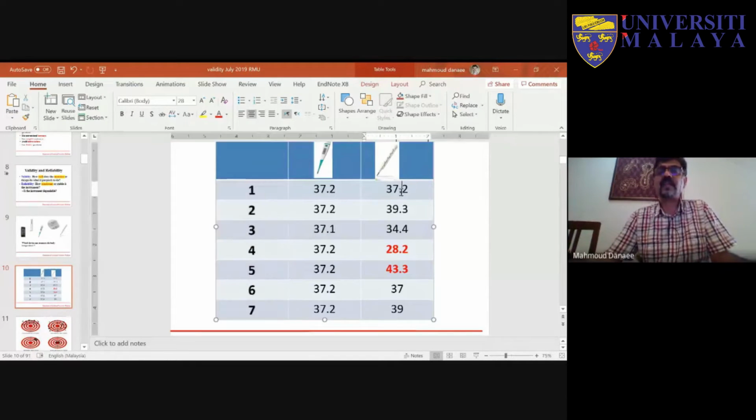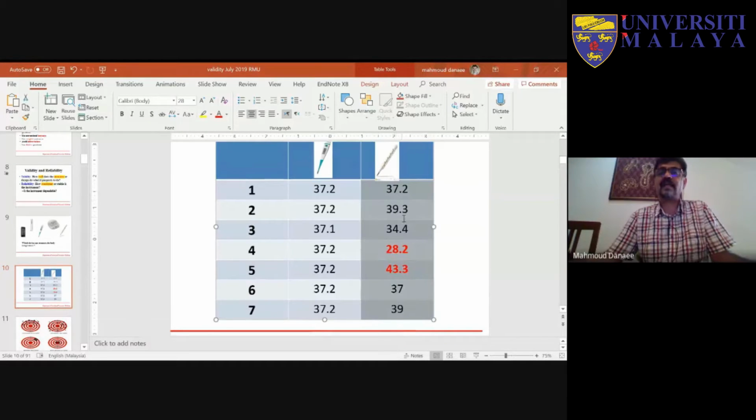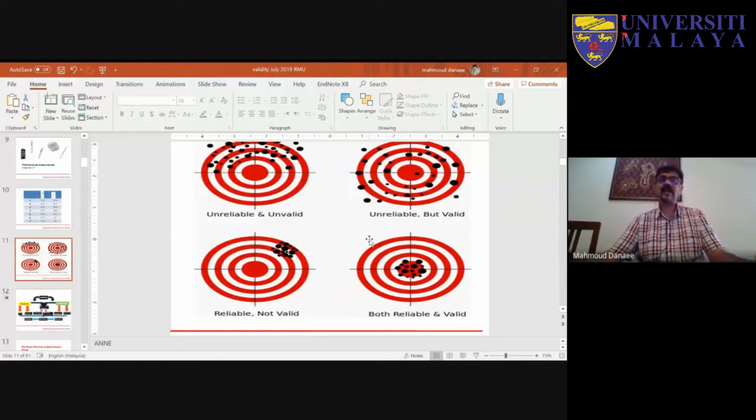We have different readings, and it indicates that this instrument is not reliable. So reliability means consistency of measurement.